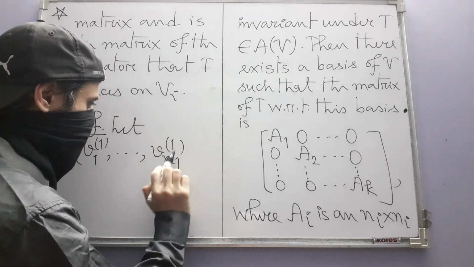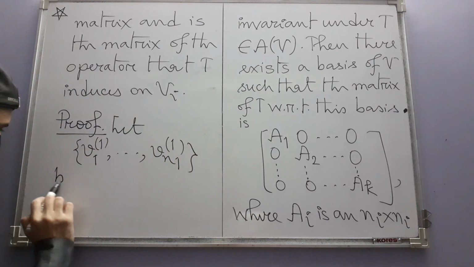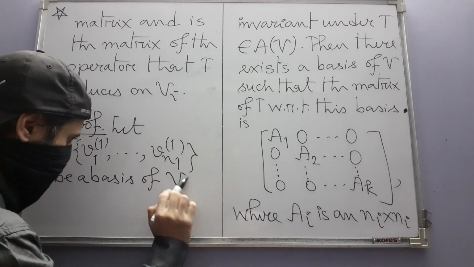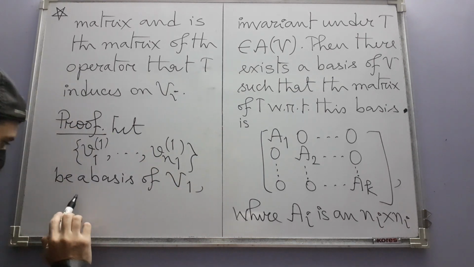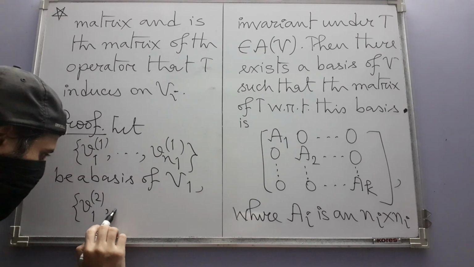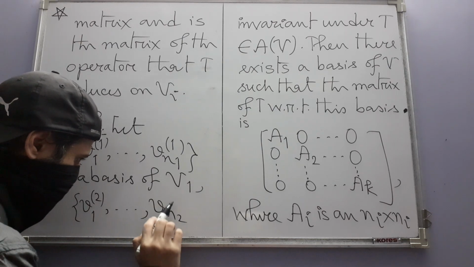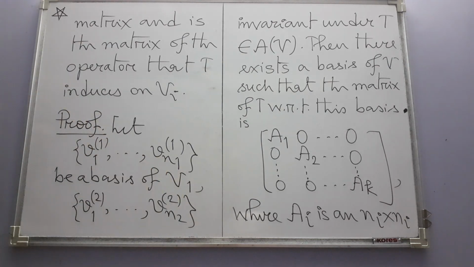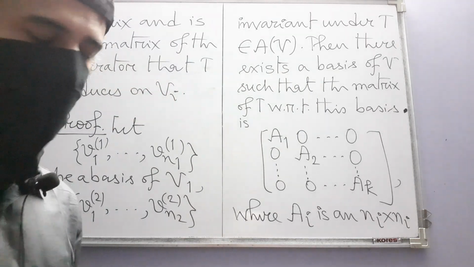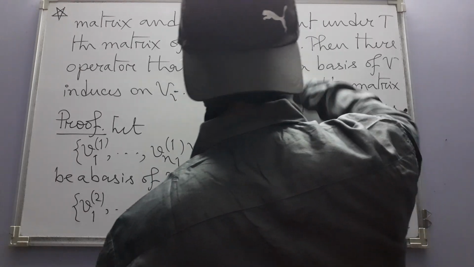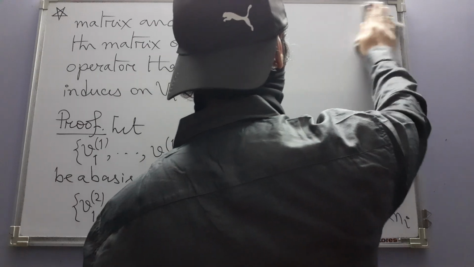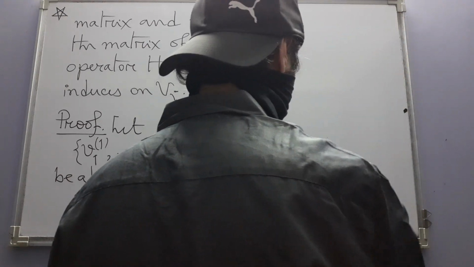Let v_1^1, ..., v_{n1}^1 be a basis of V1, and v_1^2, ..., v_{n2}^2 be a basis of V2. You can understand why we are using superscript. That's because we do not have one or two vector spaces but an arbitrary number of them, k of them.